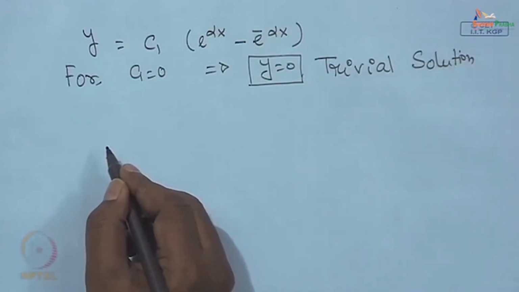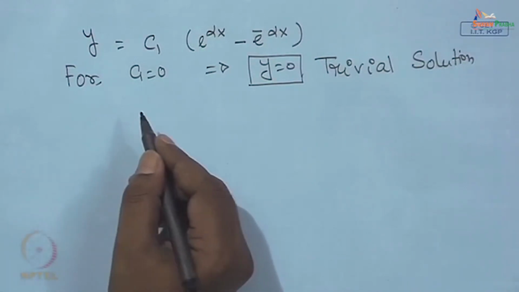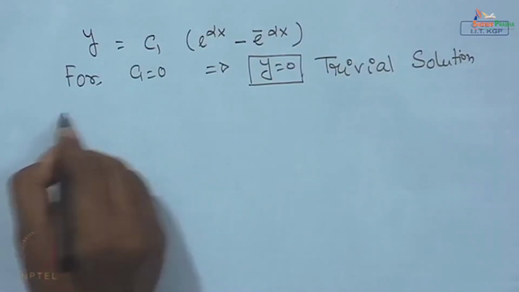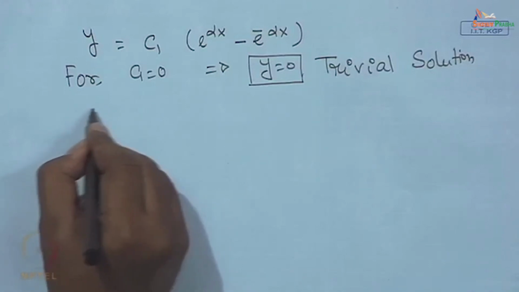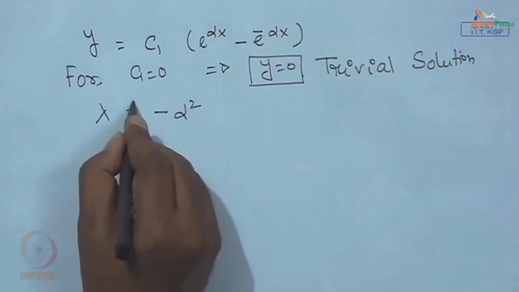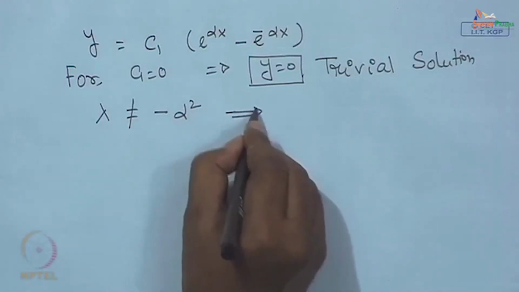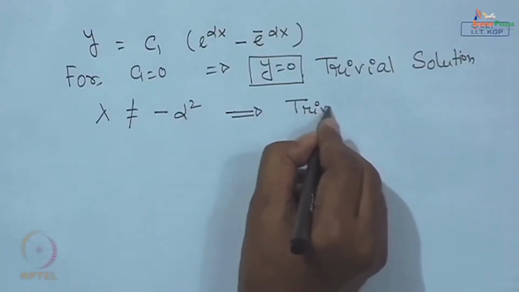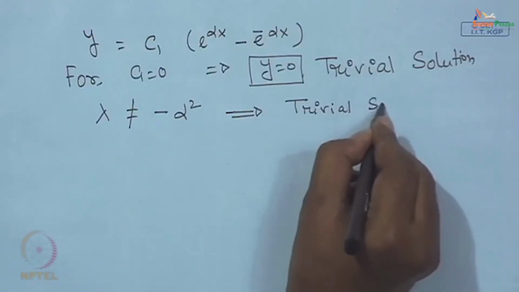So, therefore, we are going to get a trivial solution in this case as well. So, our conclusion is that lambda cannot be a negative quantity, because it gives a trivial solution and we are looking for a non-trivial solution.